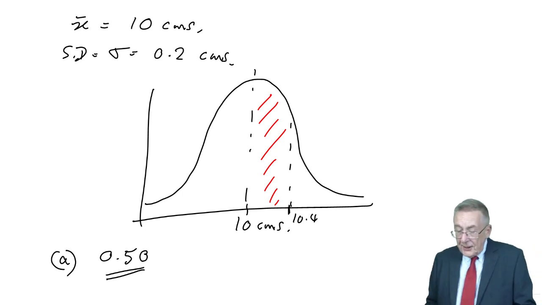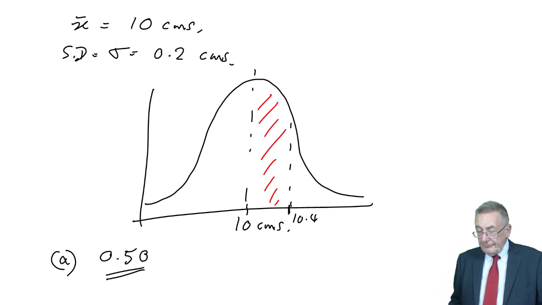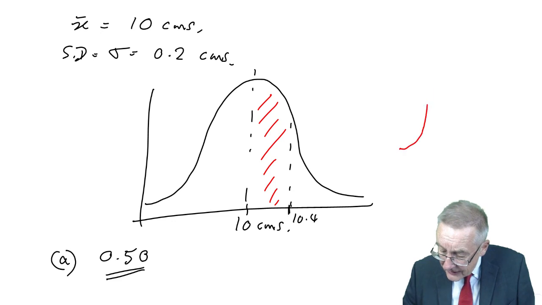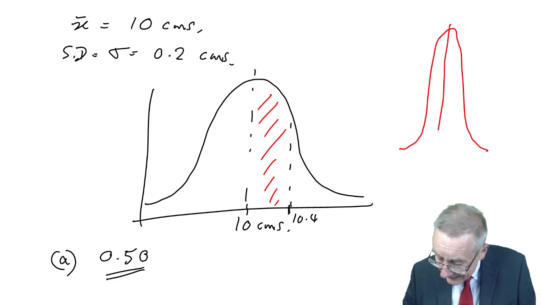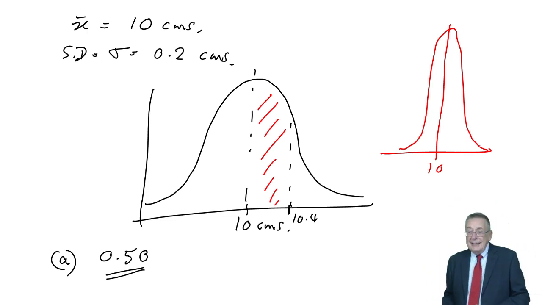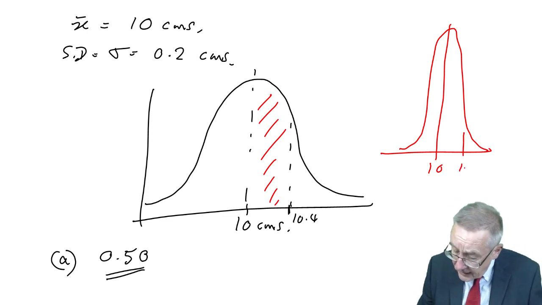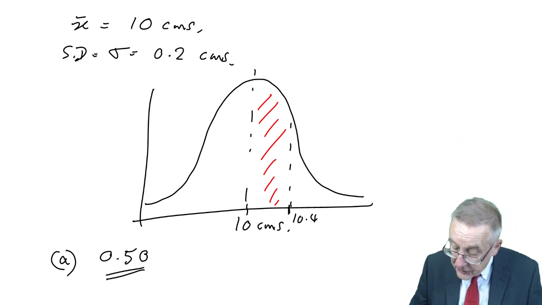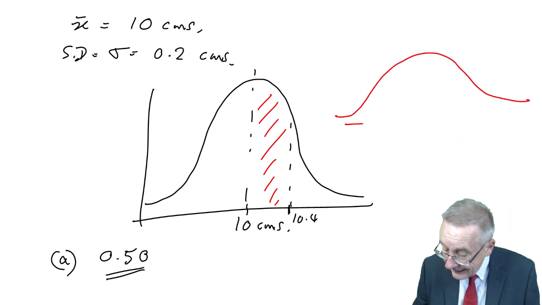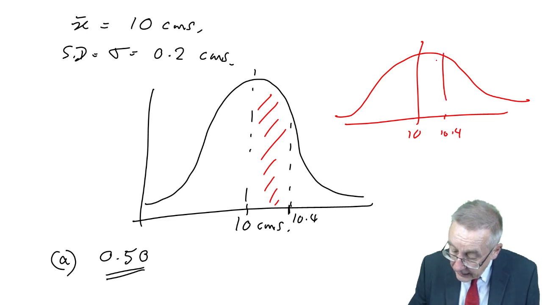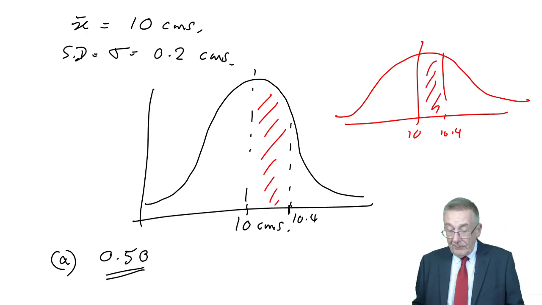The proportion depends on the spread. What I mean is, suppose the curve looked like this, where everything's very close to 10. The proportion between 10 and 10.4 is very big. On the other hand, if the spread is a lot greater, the proportion between 10 and 10.4 is a lot smaller.